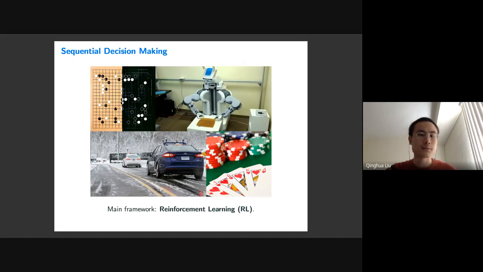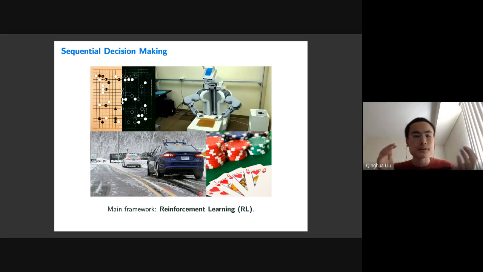First, as most of you know, reinforcement learning is a framework trying to solve sequential decision problems. In the real world, there are a lot of such problems, like when you play Go, or design robotics, or program autonomous driving cars, or even when you play poker.